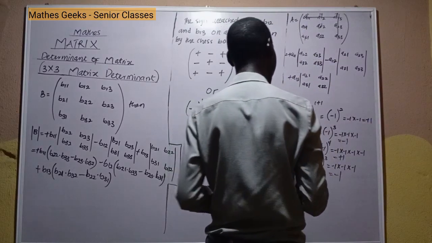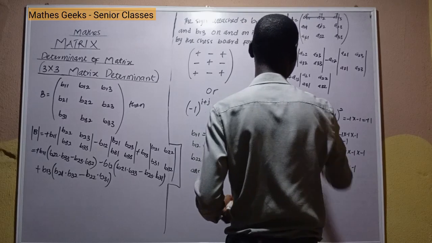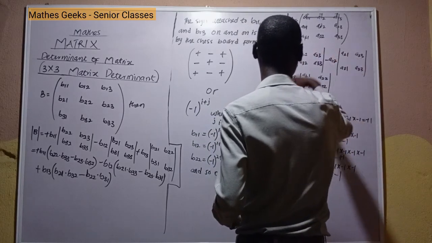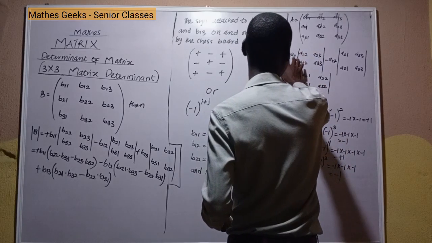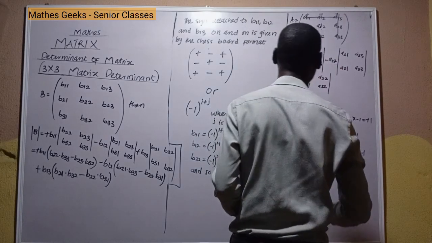Of course, when you get to this point, you know what to do, because in the last video we looked at how to determine the determinant of a 2 by 2 matrix. So you look for the determinant of these 2 by 2 matrices and multiply it by the factor, which now looks like a scalar multiplication.